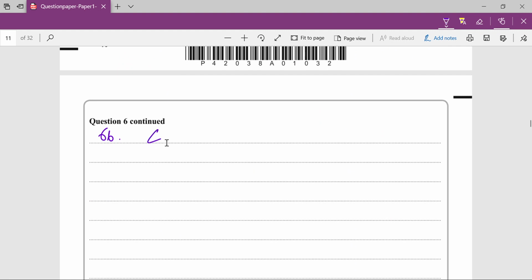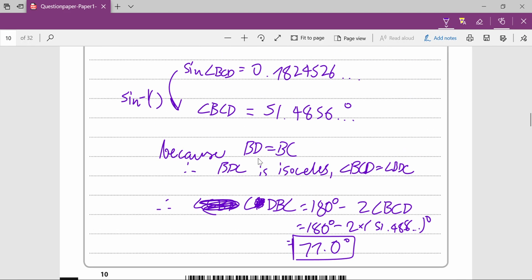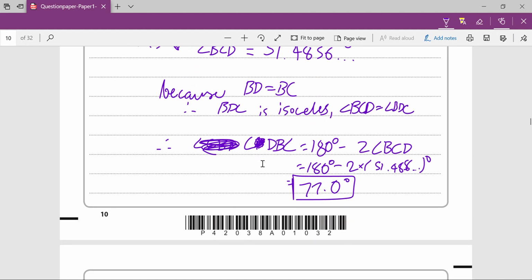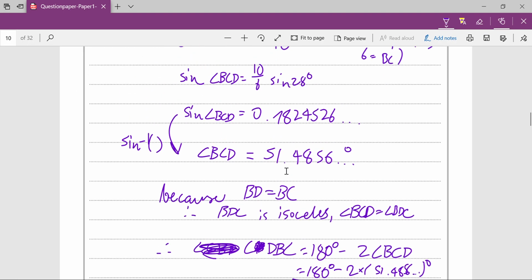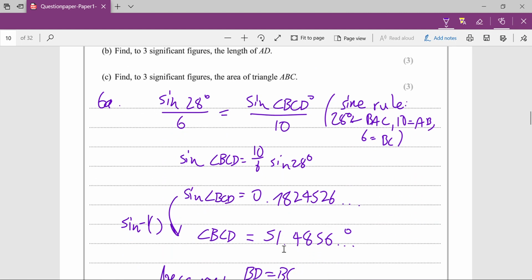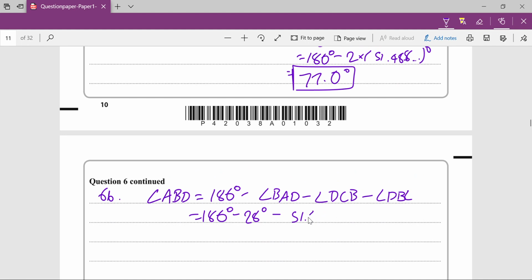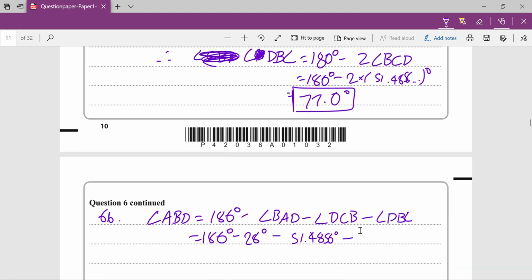So angle ABD is 180 degrees minus angle BAD minus angle DCB, and finally minus angle DBC, or 180 minus, well, we know that BAD is 28 degrees, DCB is 51.4856 degrees, and DBC is 77.0286 degrees.